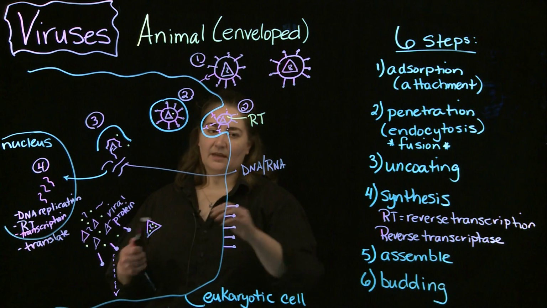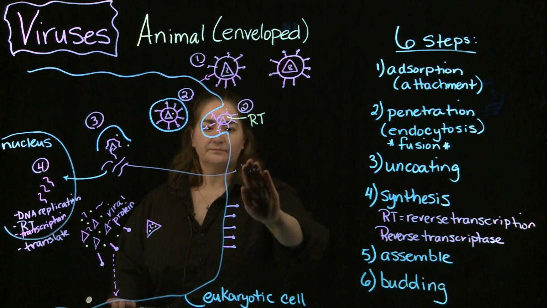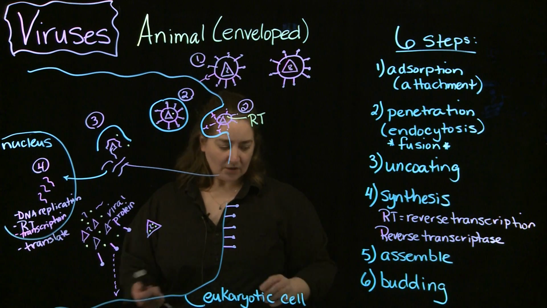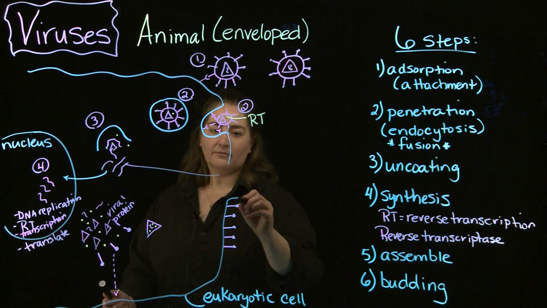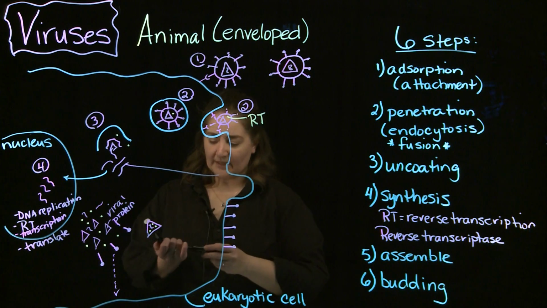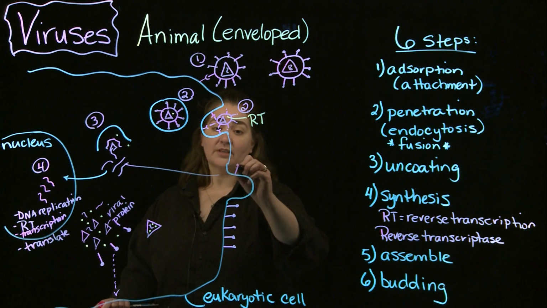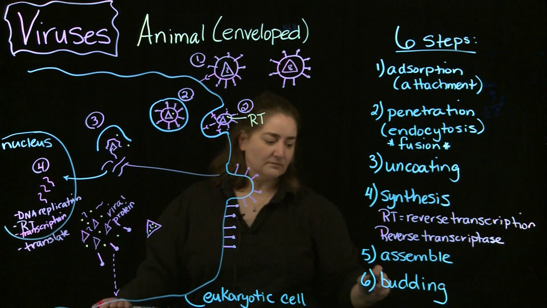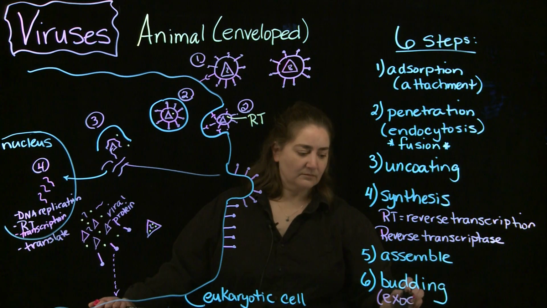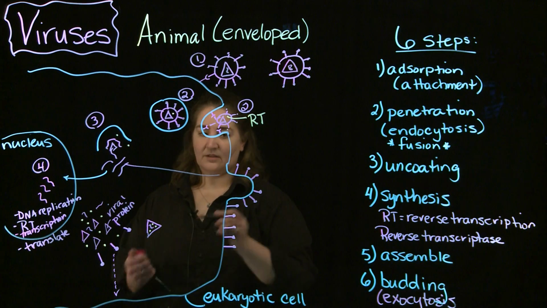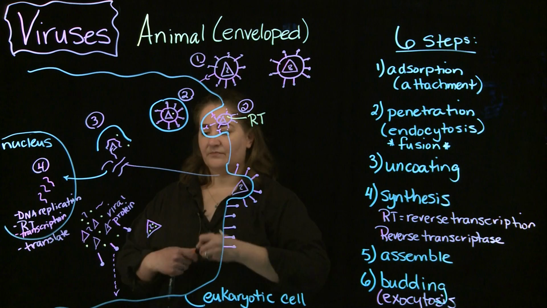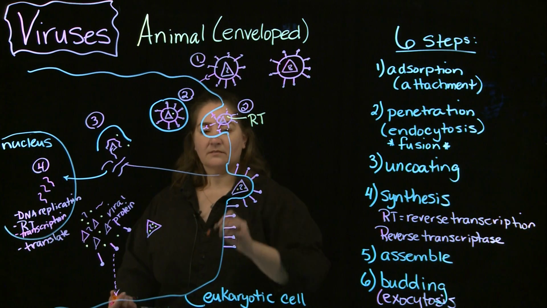So what's going to happen now, let me erase this here. We're going to have our cell membrane now pocket out, and this essentially, with budding, is going to happen by exocytosis. All right? We'll have our viral capsid in there. We've got our DNA. We've got our enzymes. All right?